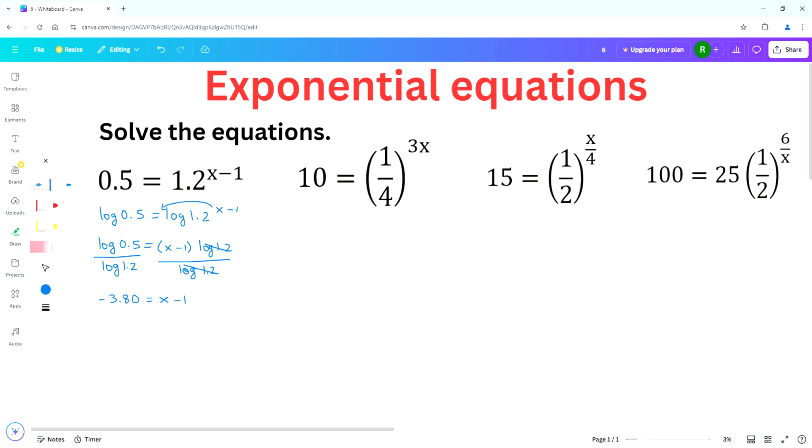Next, we can isolate x on the right side of this equation by adding 1 to both sides. Negative 3.80 plus 1 is equal to negative 2.80. This is the answer for the first equation.